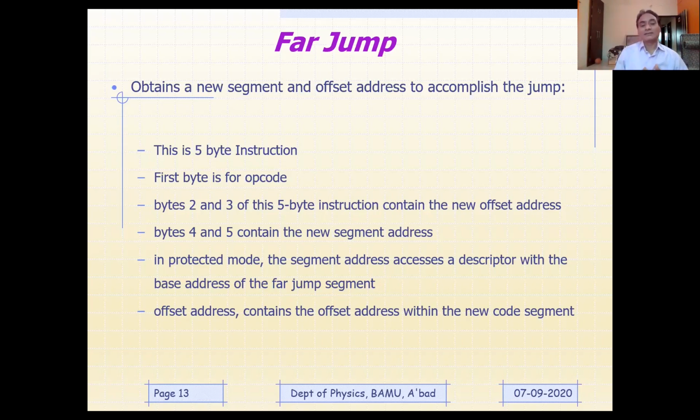Like that, this far jump statement is going to be used to transfer control beyond the current segment, and that is why it is called an inter-segment jump. This is not intra-segment, this is an inter-segment jump.